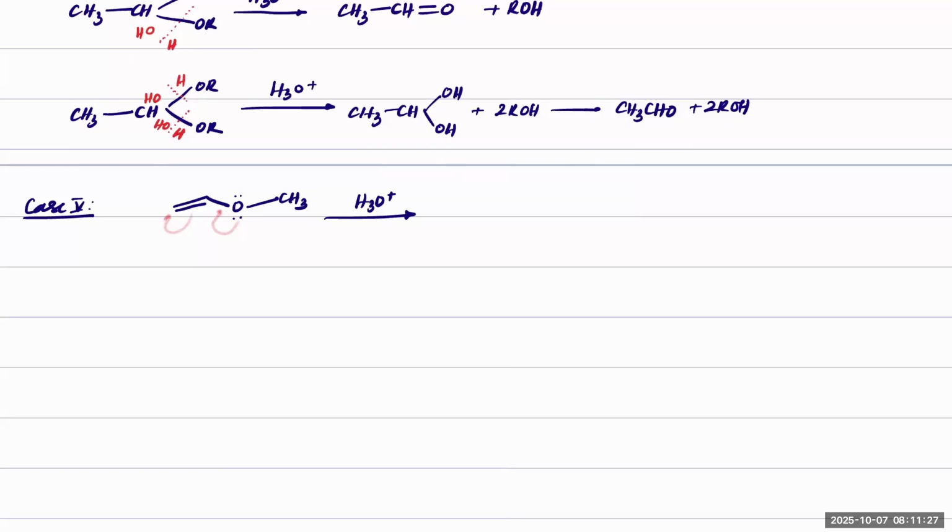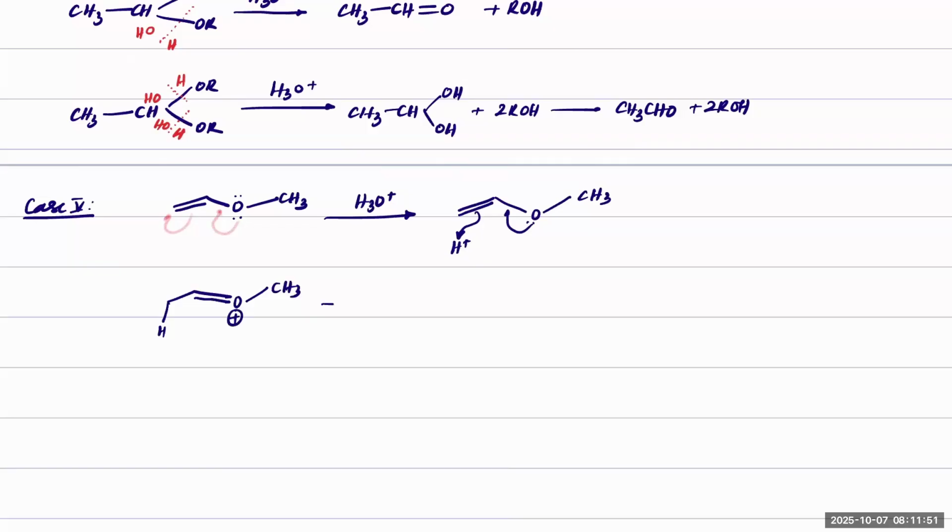Now this time you will break here only. This is a shortcut, you can remember it. First protonation will occur on this position. The lone pair will be pushed here, the pi bond will take here like this. So we will get a double bond with H here, with oxygen here, with CH3 with plus charge.